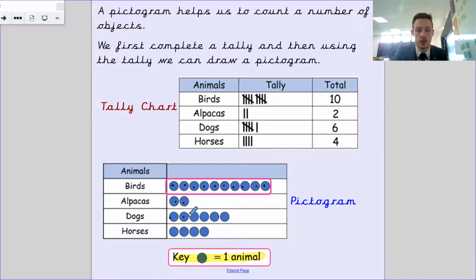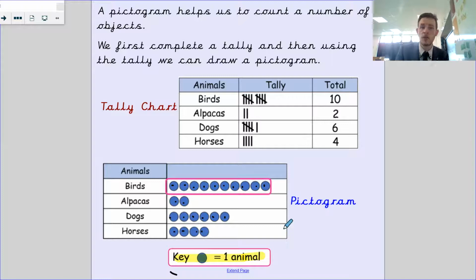So 1, 2, 3, 4, 5, 6. Perfect. And 4 horses. 1, 2, 3, 4. So my pictogram is absolutely spot on because I've managed to make it so that every single one of my tally chart animals has got a key pictogram showing me exactly how many there are.